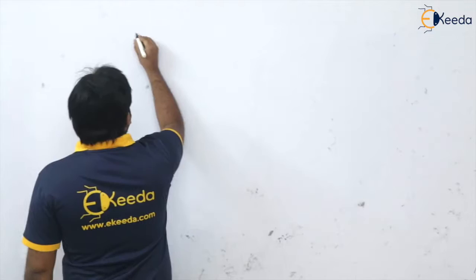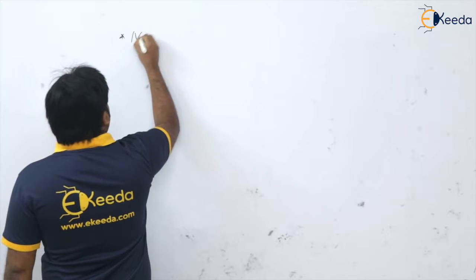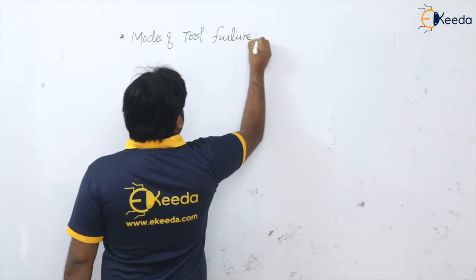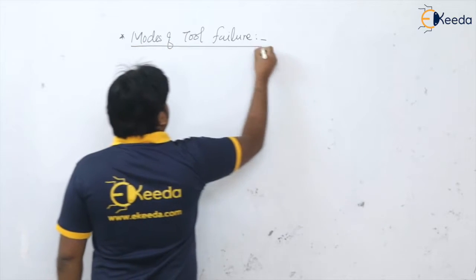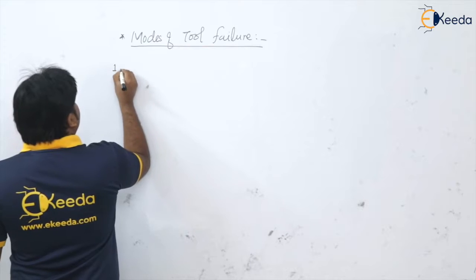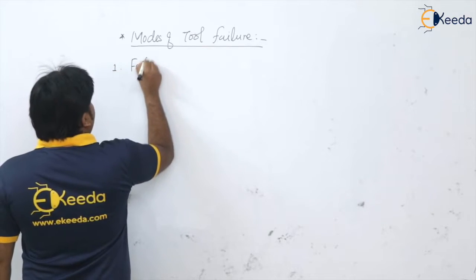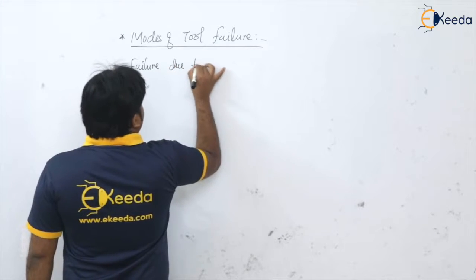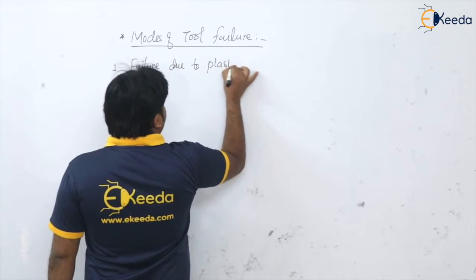Let us see the modes of tool failure. So as we discussed, number one, the failure of the tool due to plastic deformation.